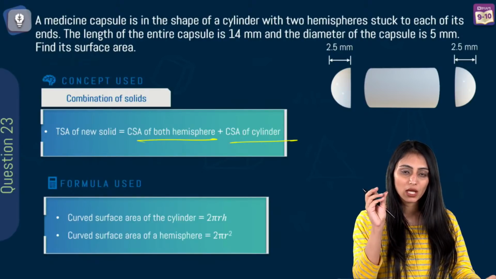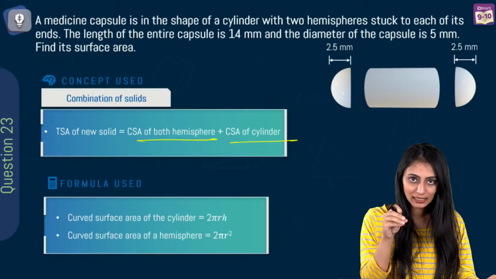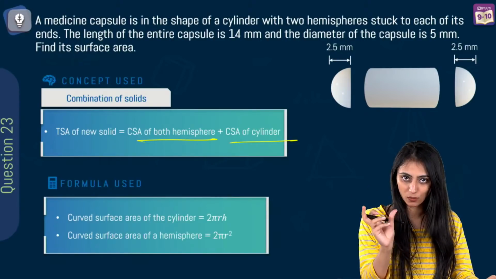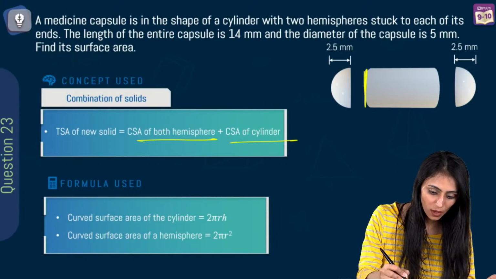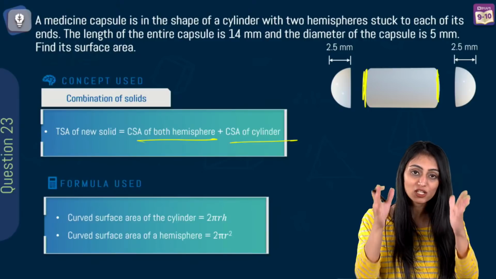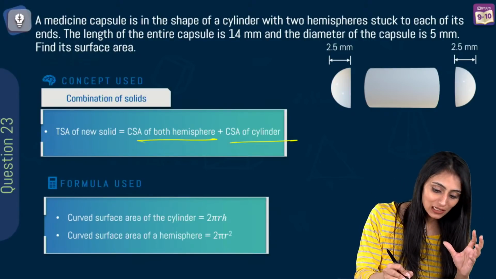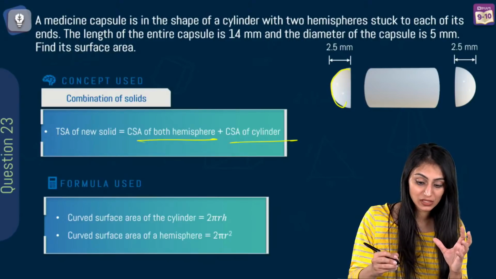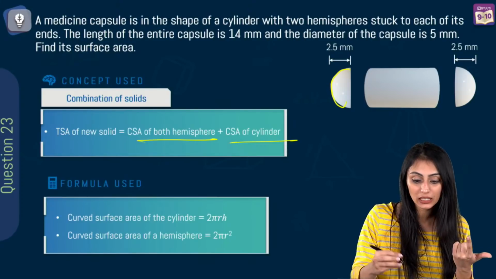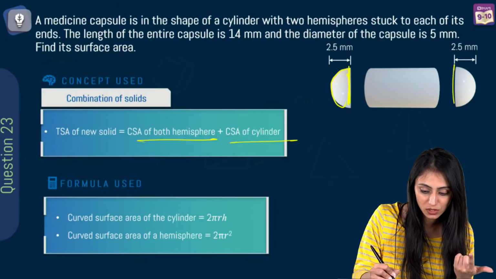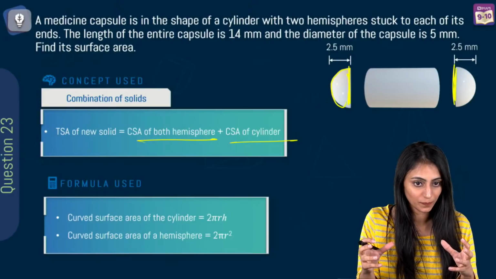In a capsule, whatever mixture is inside it can move throughout, right? So basically we can say there is no partition over here. That means we are only considering the curved surface area, not the total surface area, because we would consider the total surface area in a case when this is closed. These ends are open.